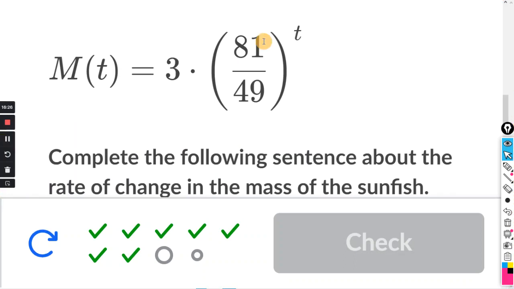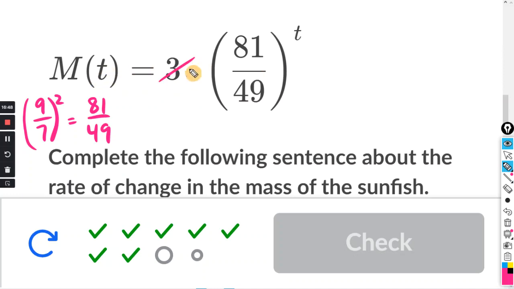Now it said t is in days, so this part happens every day. Okay, but if you take 9/7 and square it, you're going to have 9 squared, which is 81, divided by 7 squared, which is 49. So this right here, if you ignore the initial value, is the same as 9/7 squared.